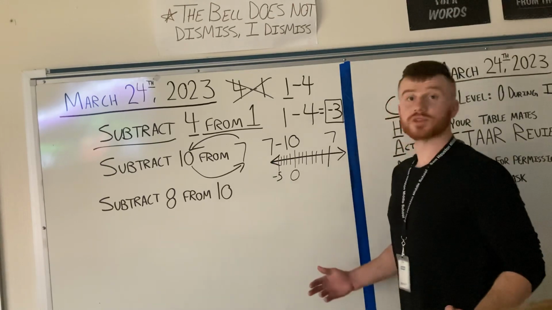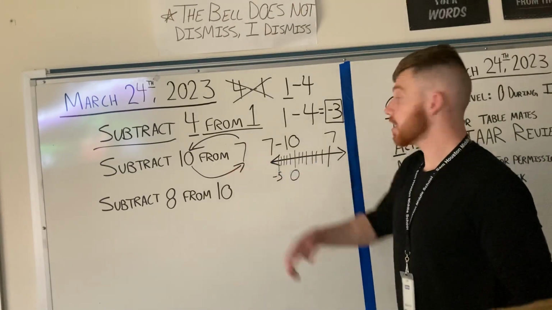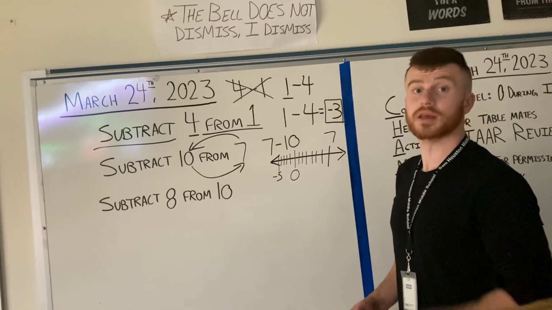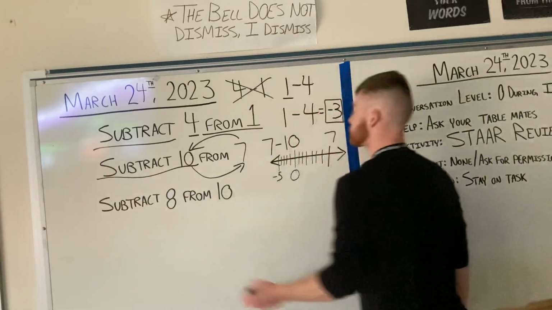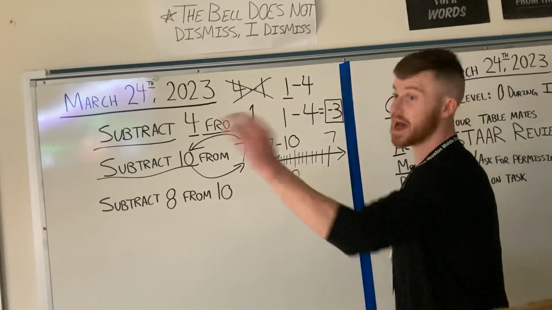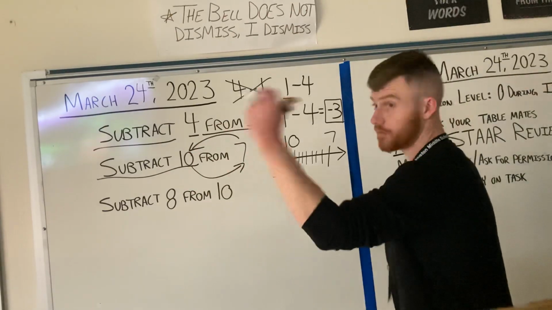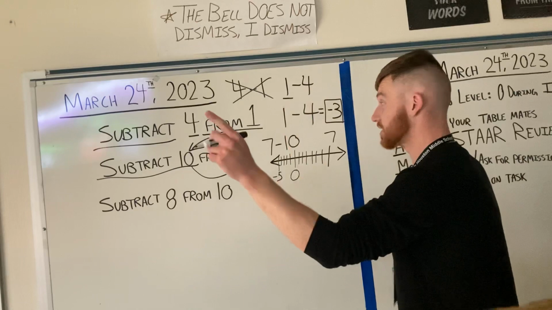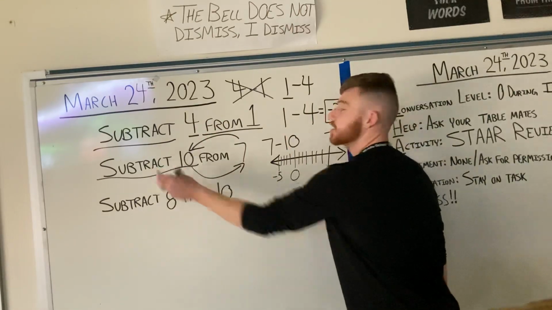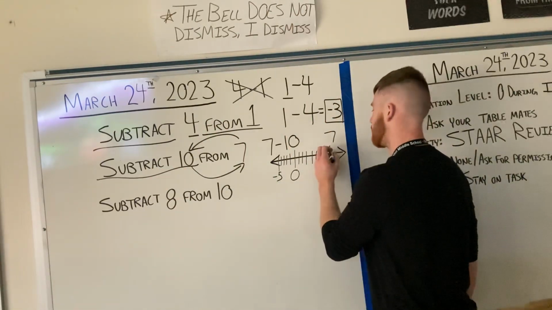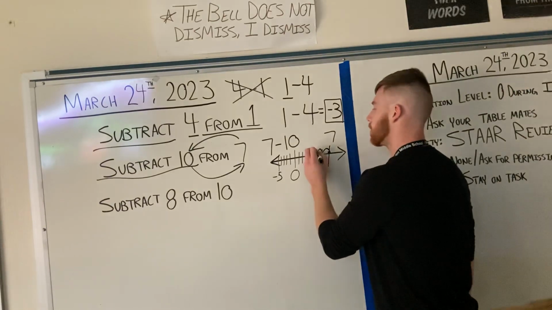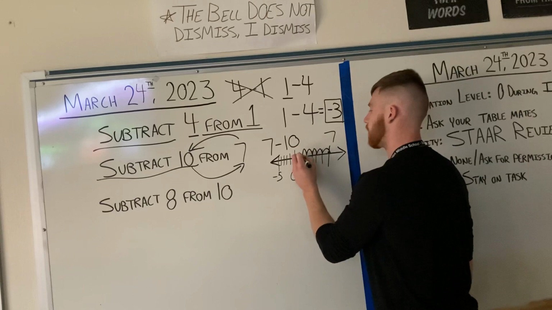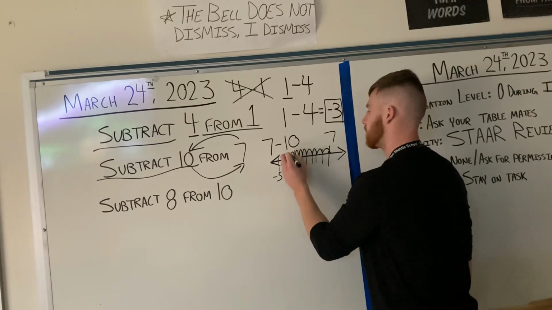Now, how many are we subtracting from 7 again? Yes, absolutely. We are subtracting 10 from 7. Because we're subtracting, we're going to go back 10 spaces. Not forward 10 spaces, but back 10 spaces. So I start off at 7, and I'm going to subtract 1, 2, 3, 4, 5, 6, 7, 8, 9, 10 from 7.